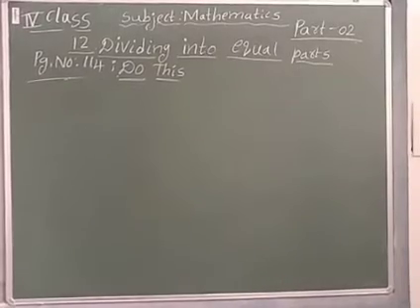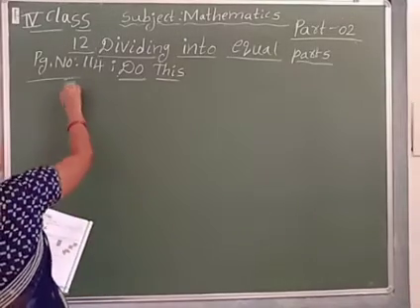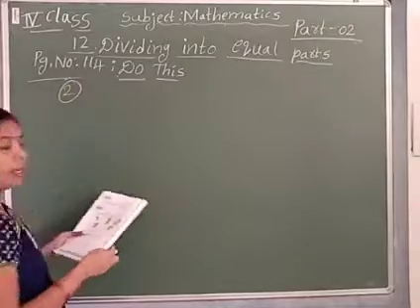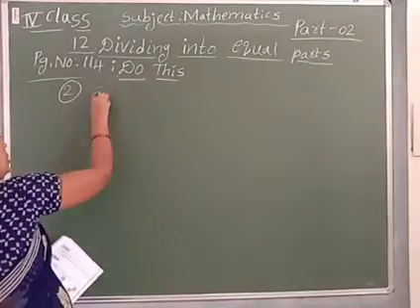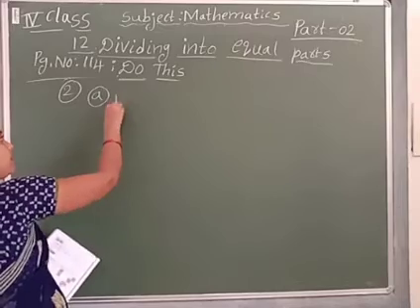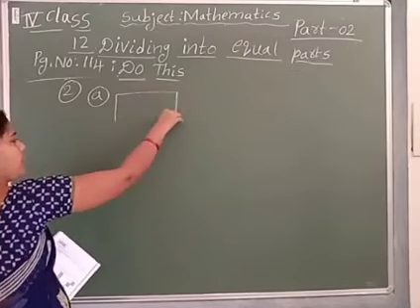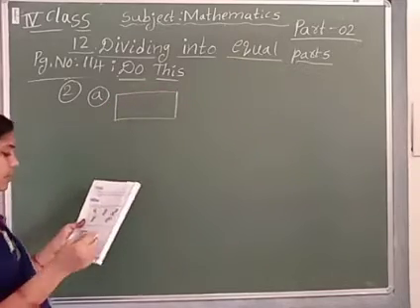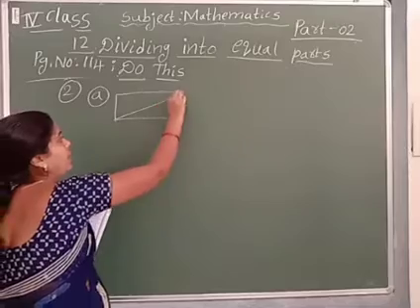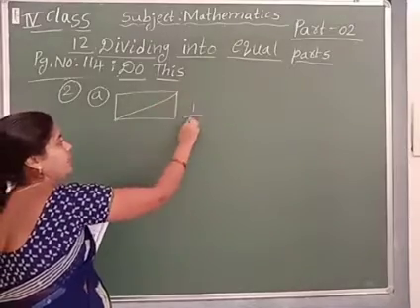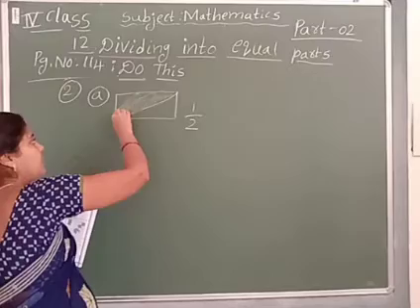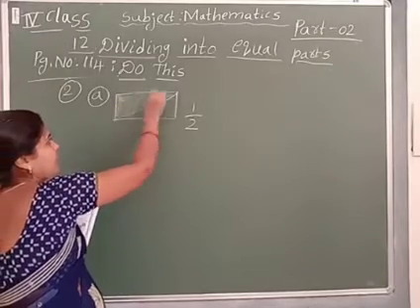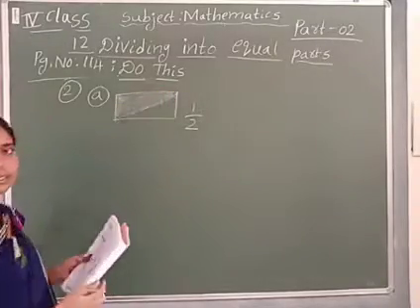Okay. Now the second bit, on page number 114 only. A1. Rectangle shape. They are already divided, and the fraction given is 1 by 2 part. So the half part will be shaded. Yes.